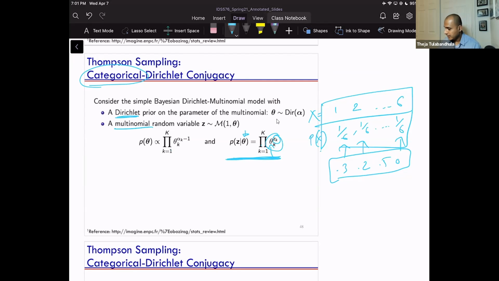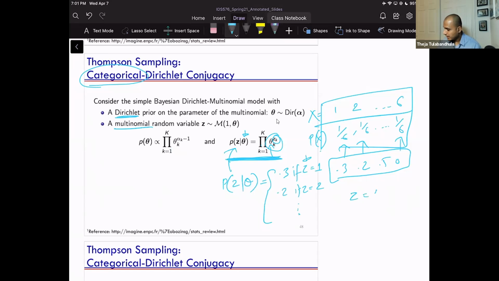So what I'm trying to say is that the probability of z given theta is equal to 0.3 if z happens to be equal to 1, 0.2 if z happens to be equal to 2, and so on. There's a little bit of abuse of notation.